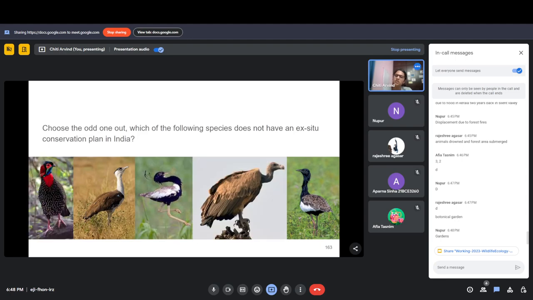So tell me, which of the species is an odd one out? Which of the species does not have an ex situ conservation plan in India? First of all, can you name the species that are present on the slide? Yes, they are all birds. I should have actually labeled them.